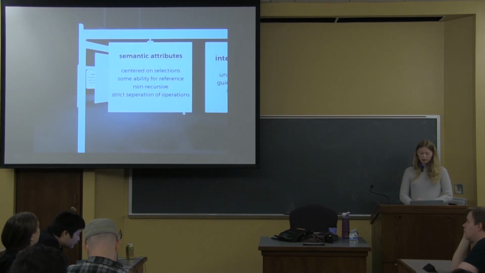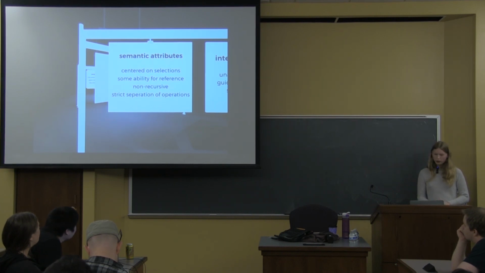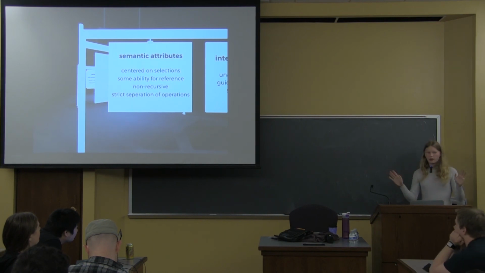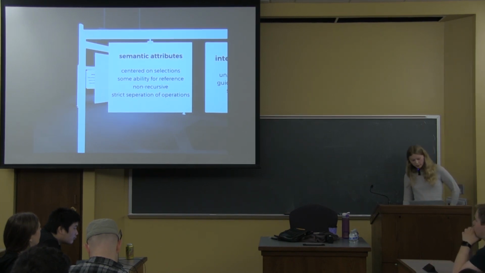How are we going to do this? The semantics of the language that I proposed here as a solution is centered on selections, similar to queries. We want to give the user the ability to take the whole data and pick a set out of that, or pick multiple sets out of that. We want some ability for reference, so a set can narrow from another set, or a set can be a conjunction of two sets.